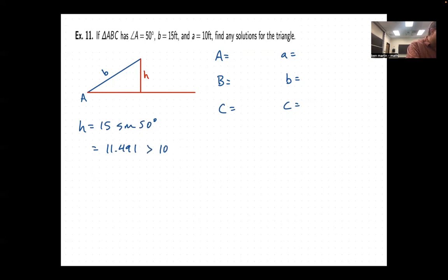And so what that means is that if you were trying to draw it here, your A that you are trying to reach down with can't actually reach down to the bottom. Right, so here's our A, and I should move the H out a little bit in order to illustrate there.